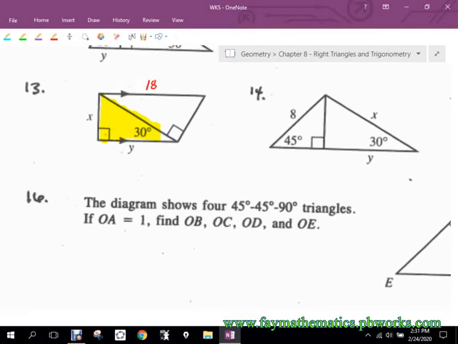Because if you did that, you would be looking at that picture right there, and you have essentially a bunch of unknowns. There's no way for you to find x. So you have to start in this problem, this picture, somewhere else.